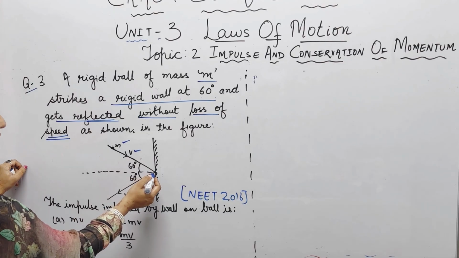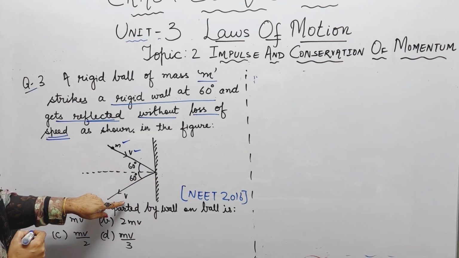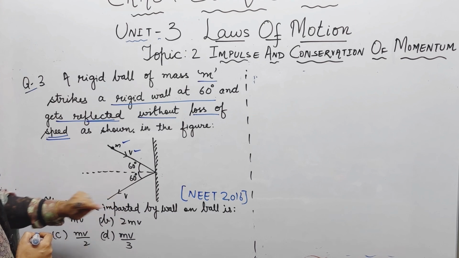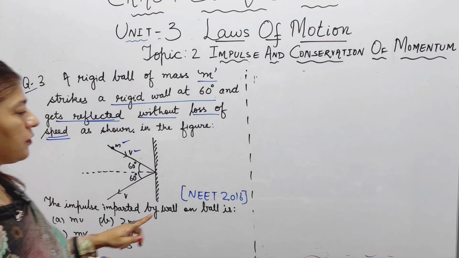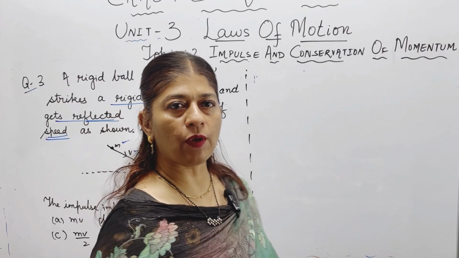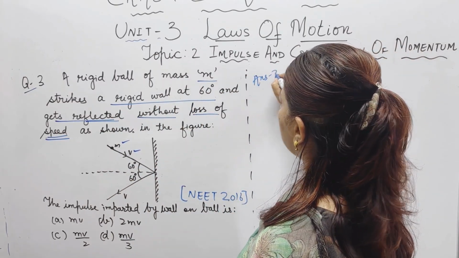Since it is a perfect reflection, angle of reflection is again 60 degrees without change in the speed. So this is also remaining v only. Now we have to find out the impulse imparted by the wall on the ball, and the options are given to us. This question has come in the NEET 2016. So let us find out the solution for the same.